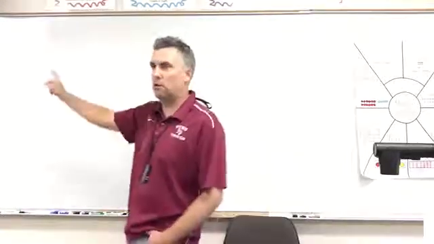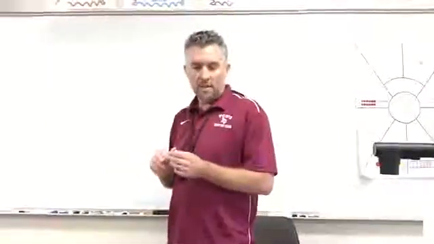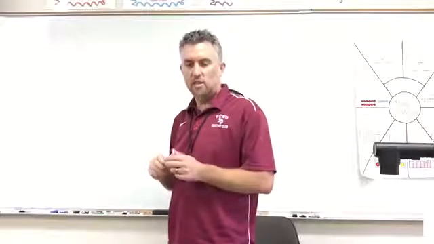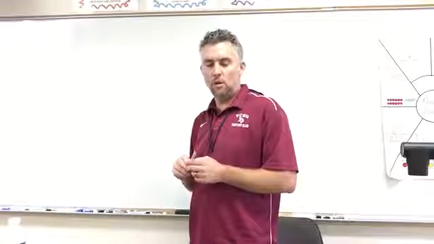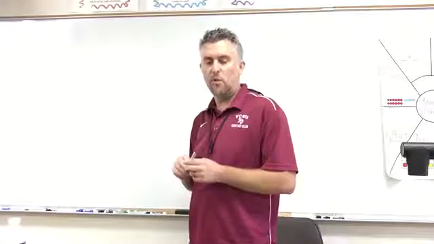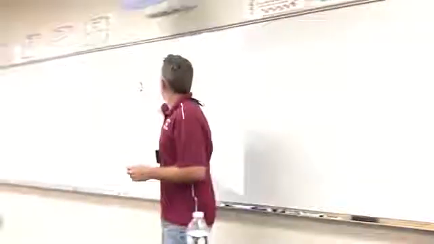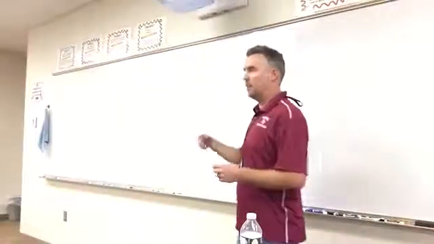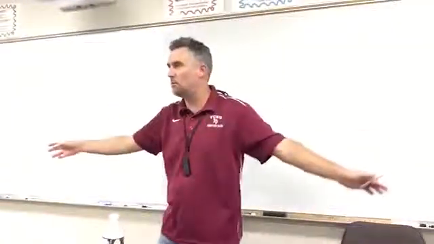First, let's read the verbal description. The verbal description says, y is a function of x such that all y values are 3 more than twice each x value, where x can be any real number. The part at the end, where x can be any real number, that's defining the domain. I'm saying from negative infinity to positive infinity. It can be any number we want.